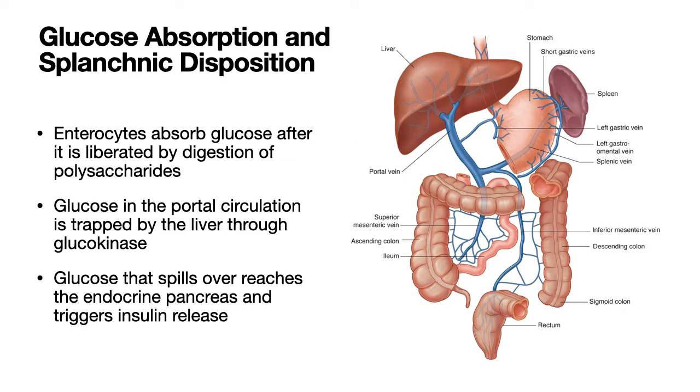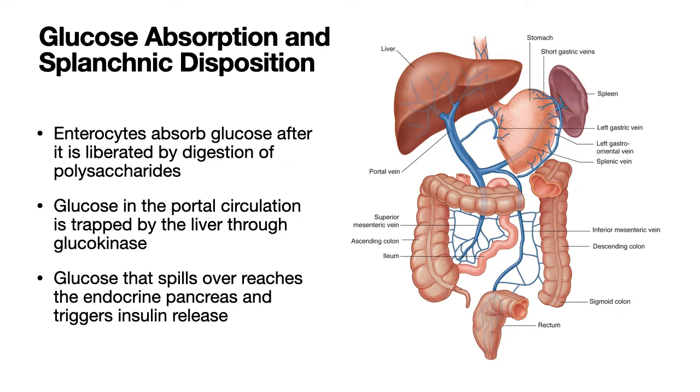Next, this slide shows us glucose absorption in the gastrointestinal tract and splanchnic disposition. When we use the term splanchnic, we are referring to the abdominal viscera or organs, particularly those of the digestive system and the accessory organs such as the liver, the spleen, and the pancreas.